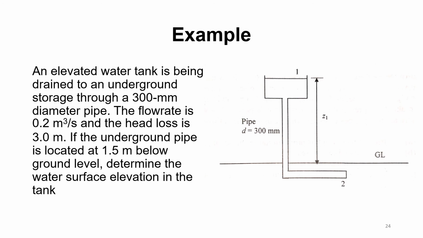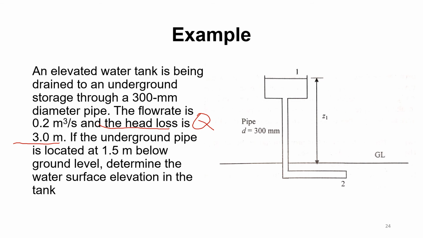Okay, next example is an elevated water tank that drains to an underground pipe about 30 mm diameter, and the Q, the flow rate, is given, and there is a head loss. So this one is a different question because we need to consider the head loss.